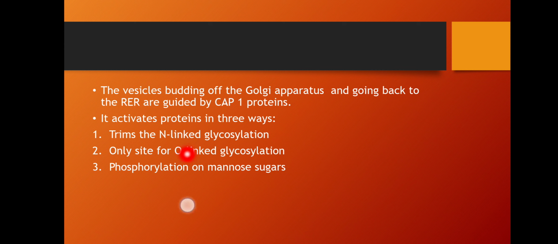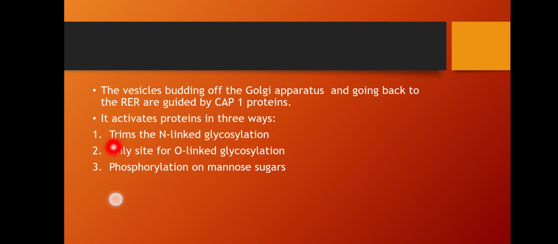The Golgi apparatus activates proteins in three ways, making them active. One, it trims the N-linked glycosylation. Remember where the N-linked glycosylation happened from? In the rough endoplasmic reticulum, right? So that N-linked glycosylation is trimmed off. That's one way of activating these proteins.